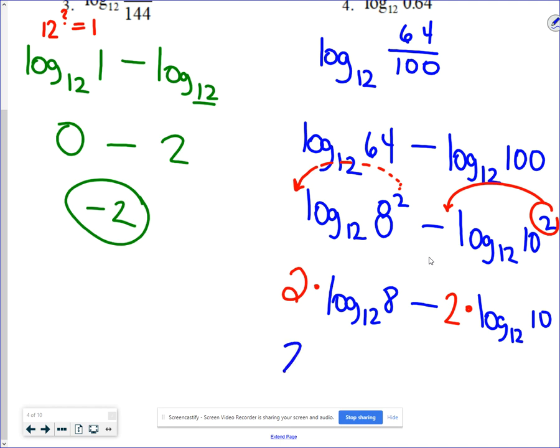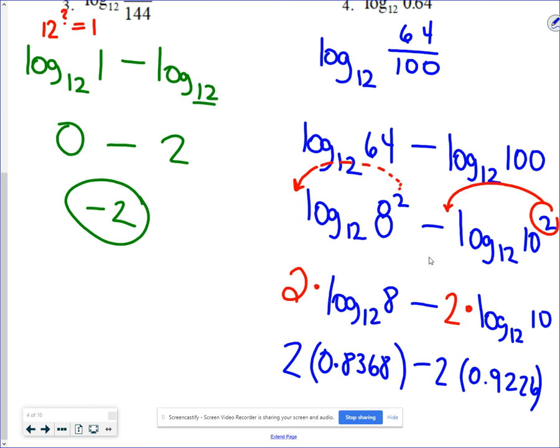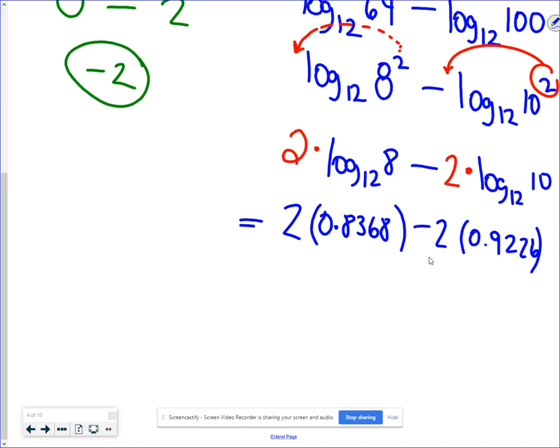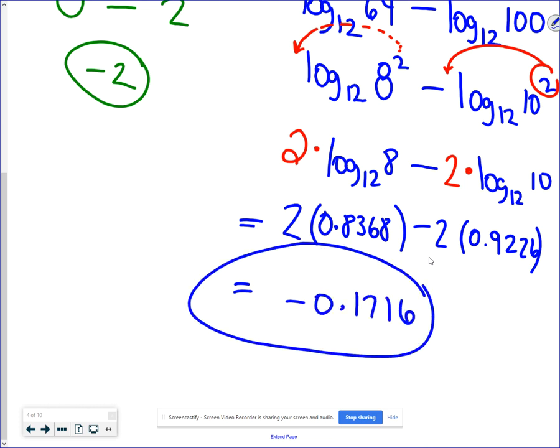So this would be 2 times that decimal. Log base 12 of 8 is 0.8368 minus 2 times the log base 12 of 10, which is 0.9226. You work those out, you can plug that into a calculator, and we will end up with negative 0.1716, which is our answer.